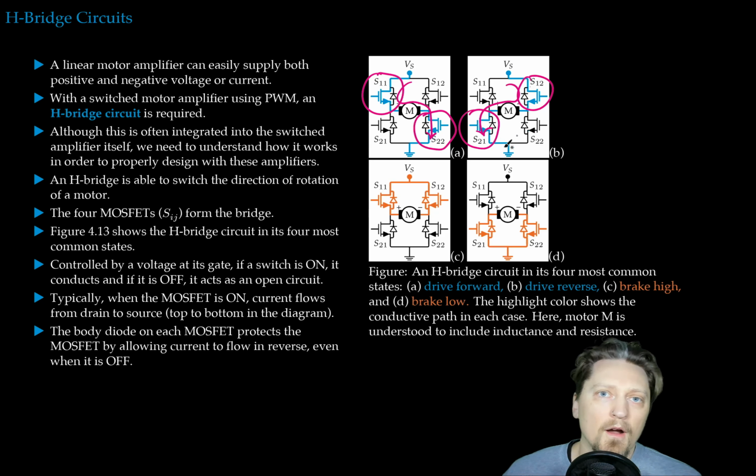So we were able to switch which direction the current flows through the motor by changing which MOSFETs are turned on. There are also these two possibilities, brake high and brake low. In brake high, we turn switches 1-1 and 1-2 on and 2-1 and 2-2 off, which makes current flow around in this circuit. And similarly, you can brake to low as well.